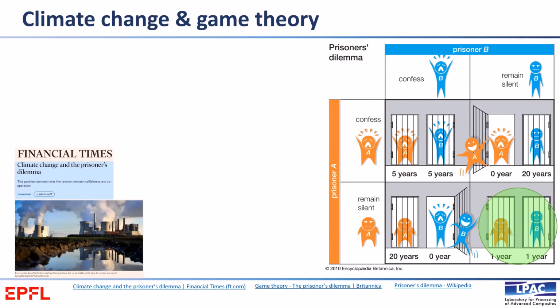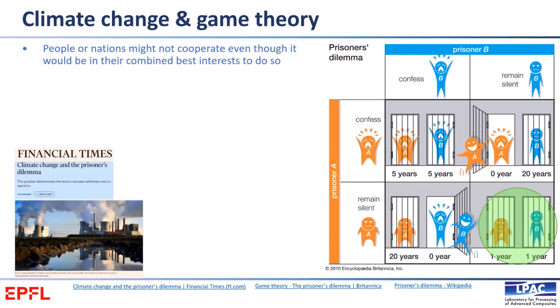If B confesses and A confesses, they both stay in for 5. If this person remains silent, he stays in for 20, whereas this one gets out. So he's defected. The problem is that people or nations don't cooperate, even though it could be in their combined best interest to do so, because they both take this 1 year hit, but actually they want to get out straight away. Okay.